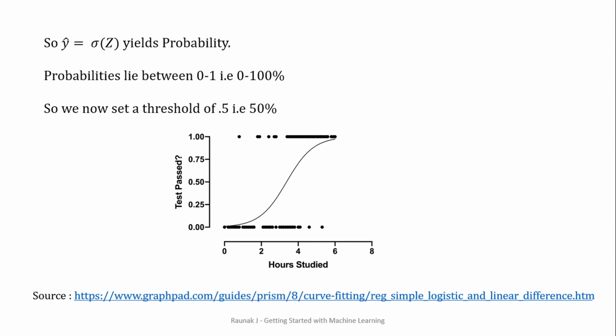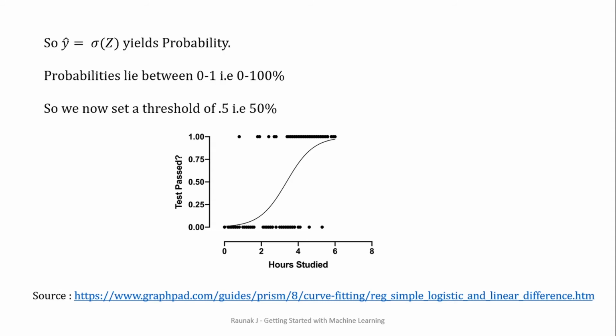So everything that lies below 0.5, down to negative infinity, gives us 0, that is no, fail, false. And anything that is equal to 50% or more, up to positive infinity, is going to give us 1.